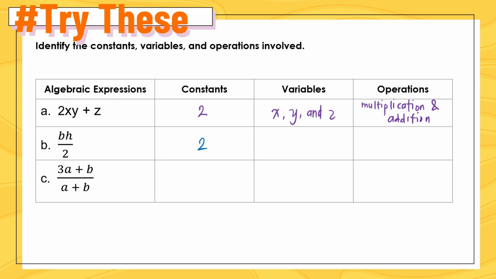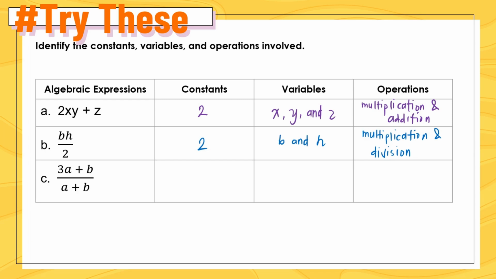For variables, we have B and H. So what are the operations that we use in here? We use multiplication. Good job. What is the other one? Since it's a fraction, of course, we're also dealing with division. Again, please always take note that when you're dealing with fraction, you're dealing with division. It is the quotient of your numerator and denominator.